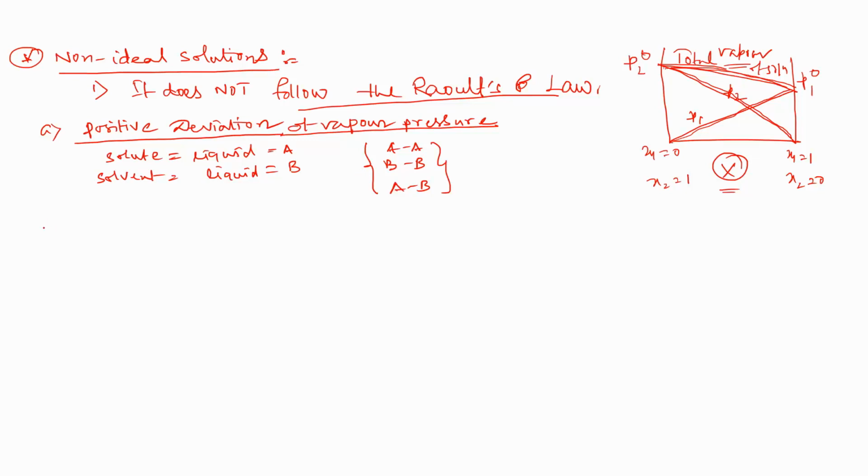But when the AB interaction is weaker than AA and BB, that means the AA interaction and the BB interaction are higher than the AB interaction. Just think about that. AA interaction means solute particle interaction, BB interaction means solvent particle interaction.